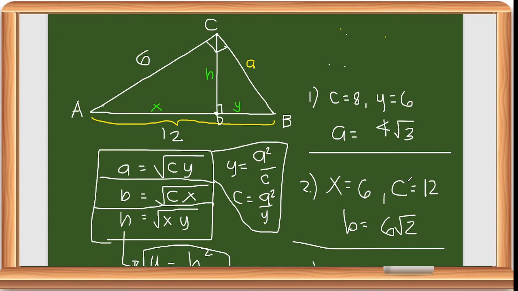So I'm going to give you about 15 minutes to solve the problem. No, ito ang given. AC is 6 or one of the legs is 6 and the hypotenuse is 12. You have to look for side A, H, X, and Y. Okay, 15 minutes. So the time starts now.